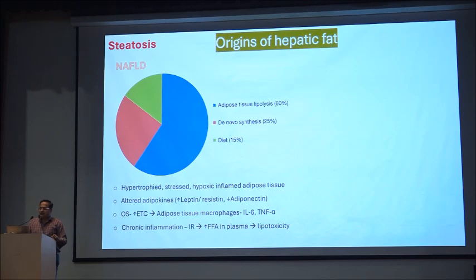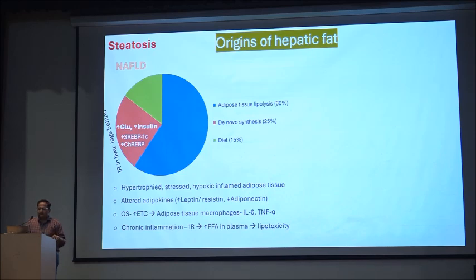That leads to altered adipokines, increased leptin, decreased adiponectin, that leads to oxidative stress in the adipose tissue, which leads to increase in, again, the macrophages, interleukin 6, TNF alpha. This chronic inflammation in the system will cause insulin resistance, and that leads to increased free fatty acid levels in the circulation. That leads to lipotoxicity. This origin of fat is the source in 60% of cases.